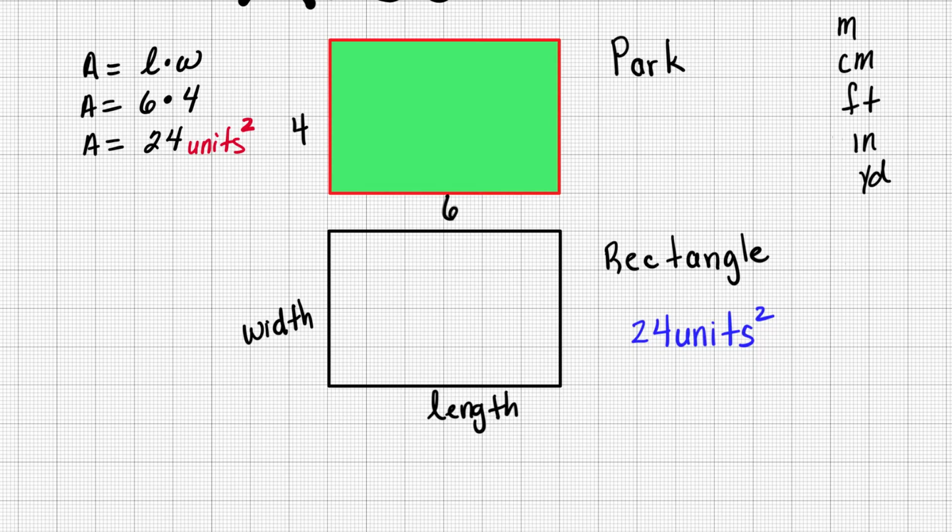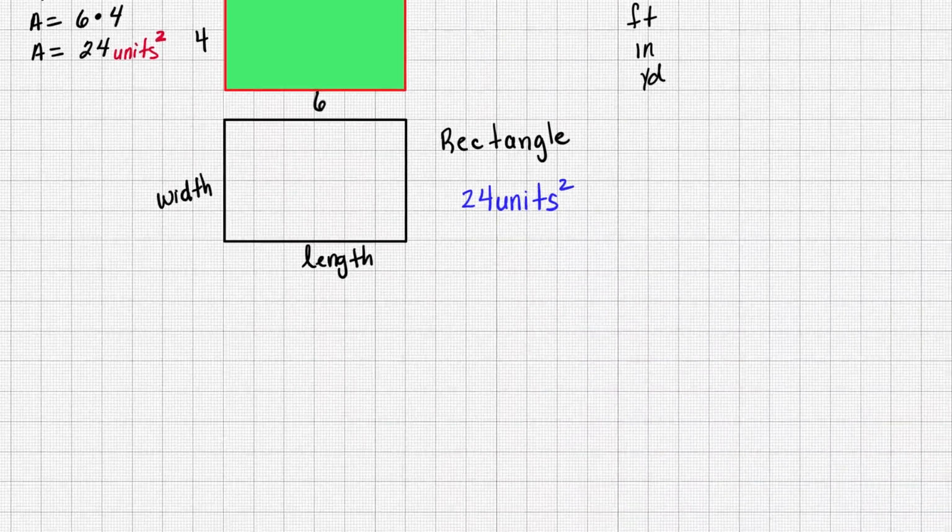So I think now you're ready for a little challenge. I am going to give you a rectangle. And this time, I am not going to give you the measurements. Instead, I am going to give you the area.